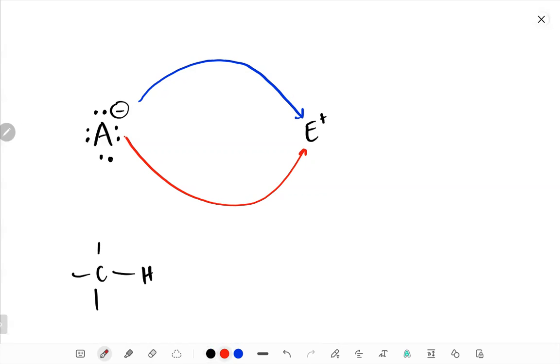So arrow pushing could also be represented in this manner. There are only two ways where you can represent arrow pushing in mechanism. That is starting from a lone pair or starting from a bond. That's it. Those are the only two ways of writing arrow pushings.